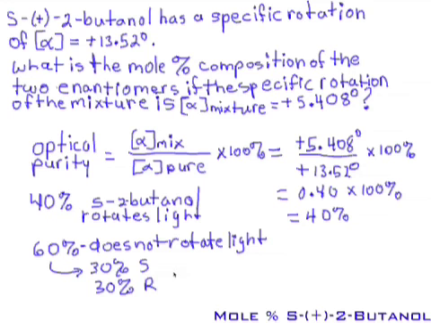It's a racemic mixture. And so if I take this 30% S plus the 40% S, those two values give me a mole percent composition of 70% S2-butanol.